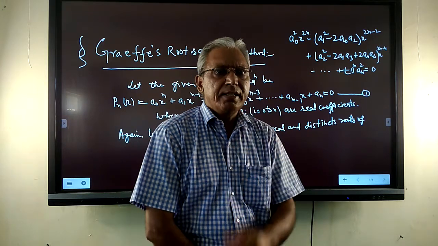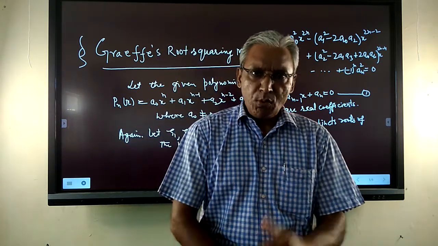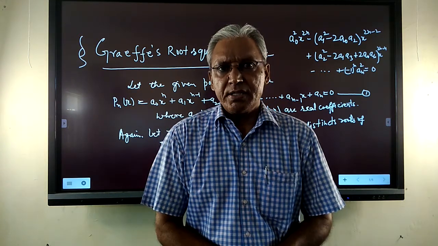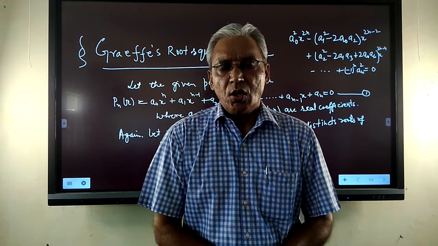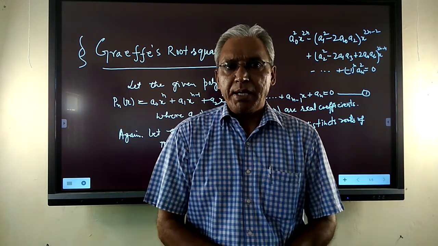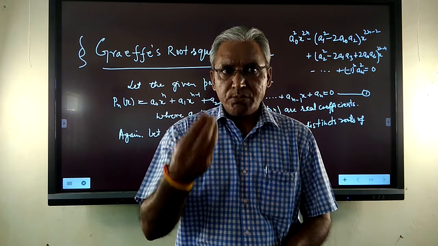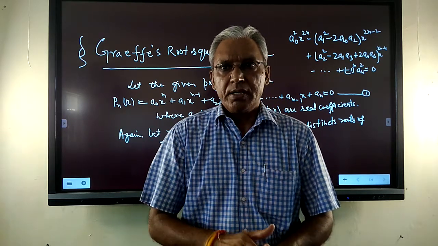This method consists in transforming the given polynomial equation into another polynomial equation of the same degree but whose roots are squares of the roots of the given polynomial equation.